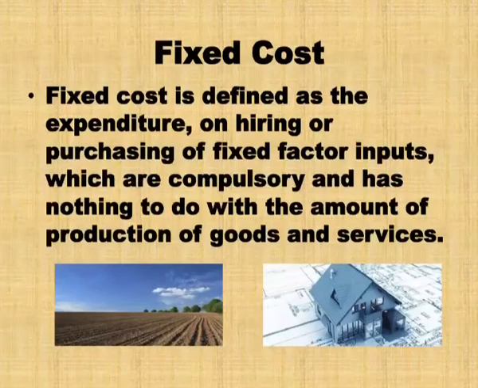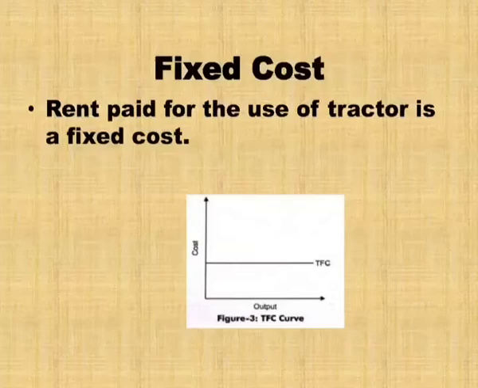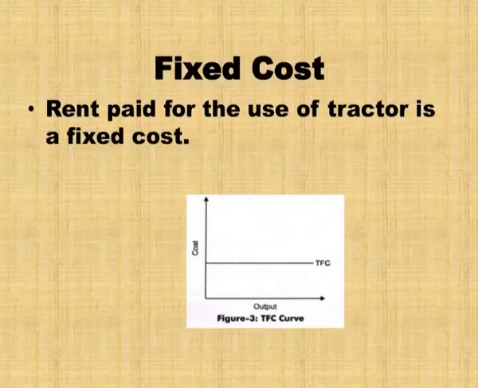This is fixed. So, fixed cost is defined as the expenditure on hiring or purchasing of fixed factors or inputs. These are compulsory and it has nothing to do with the amount of production of the good or service. Similarly, rent paid for the use of tractor is also a fixed cost.